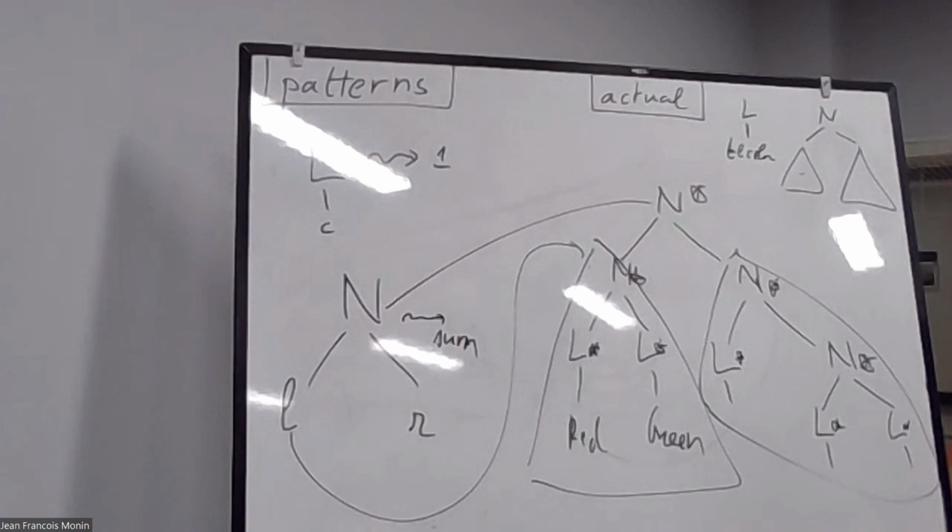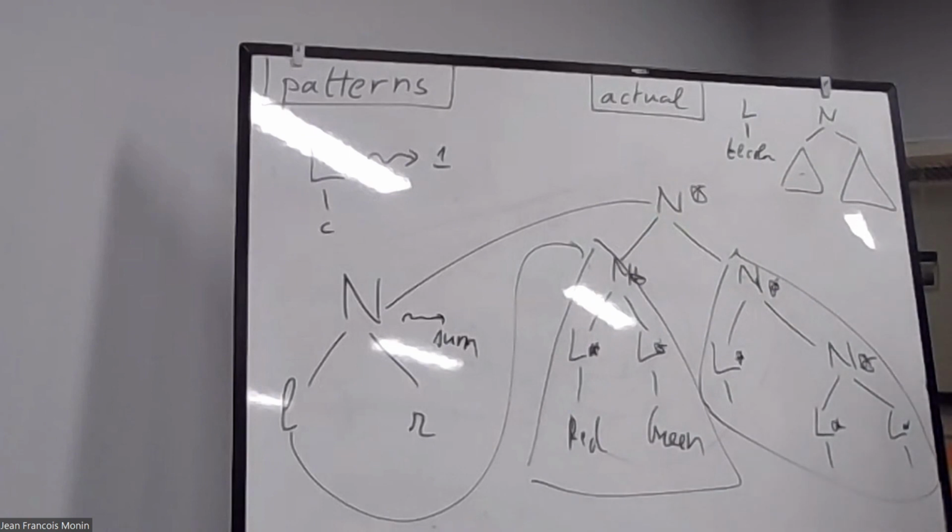Memory allocation is performed when a constructor is evaluated. So when you say, for example in OCaml, let something equal, for instance, the thing I wrote here, you allocate the memory, or in Coq, definition equal this, here you allocate the memory.